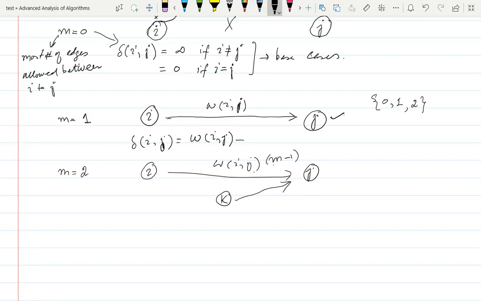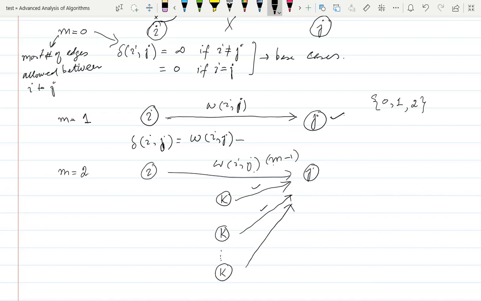So in this case I can add new k's over here, which will take me from k to j, because these are the new edges which are allowed, and I can integrate all those k's over here. They will take me from k to j.